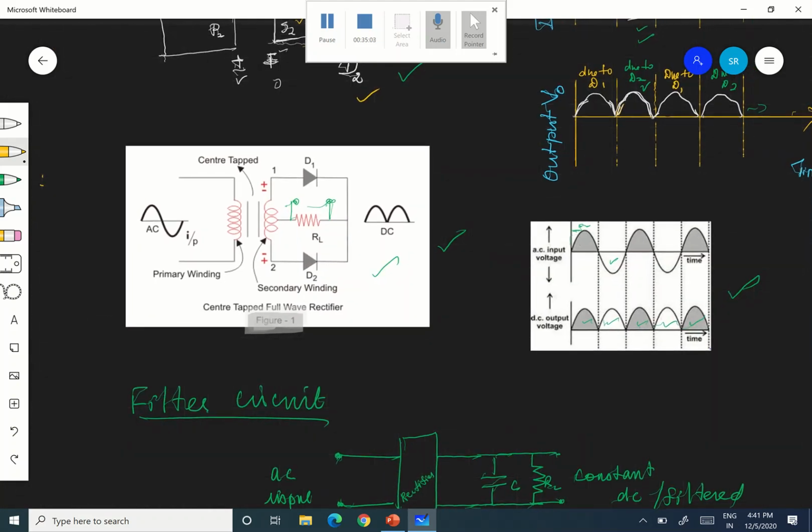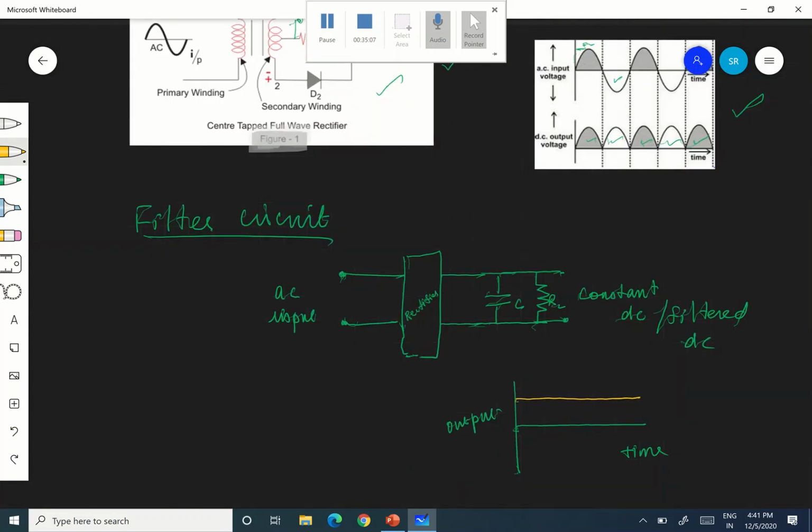But when you give it to the filter circuit, you will be getting constant DC. Therefore, you get 5 volts steady. It is a constant DC.